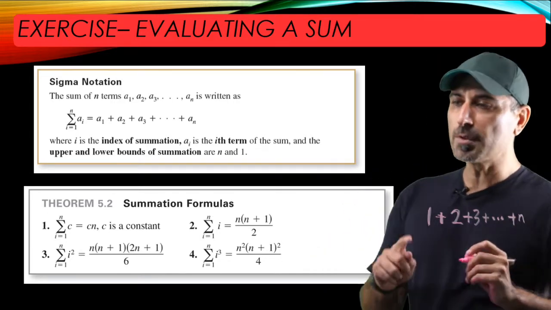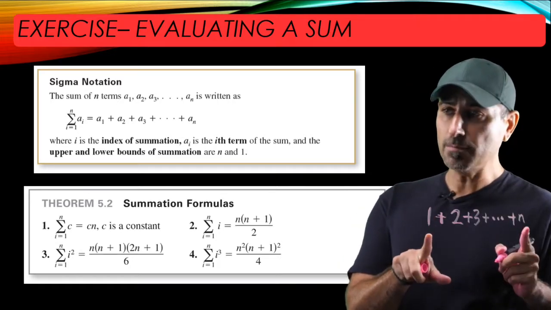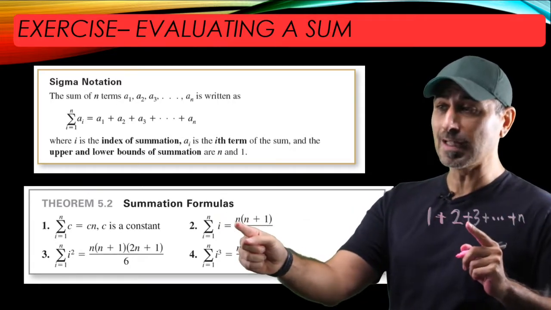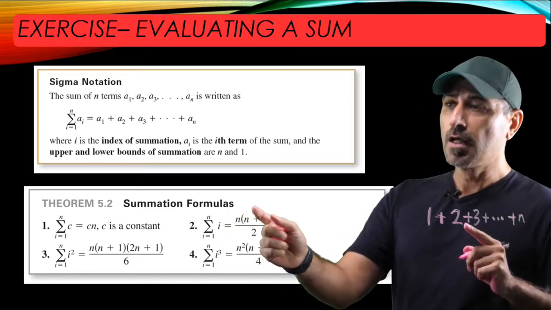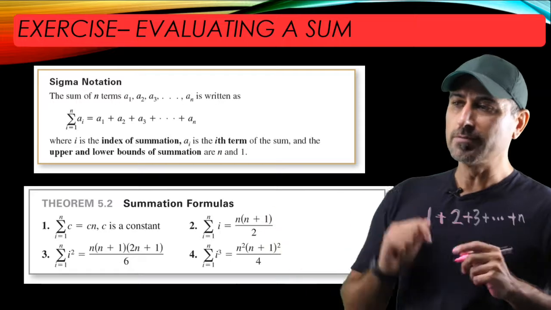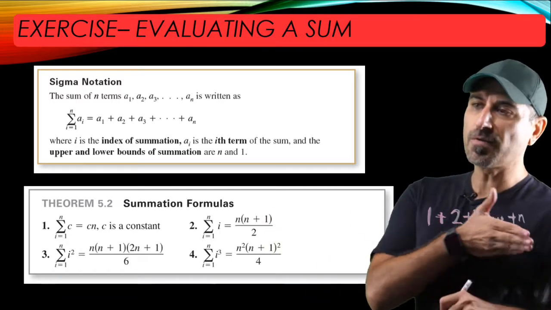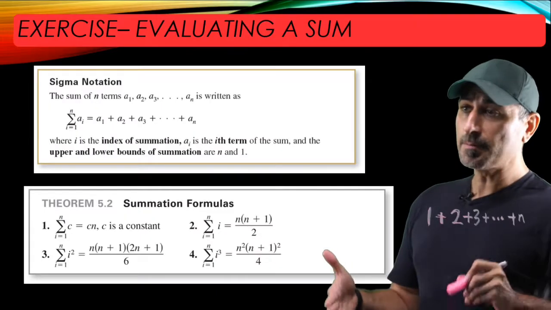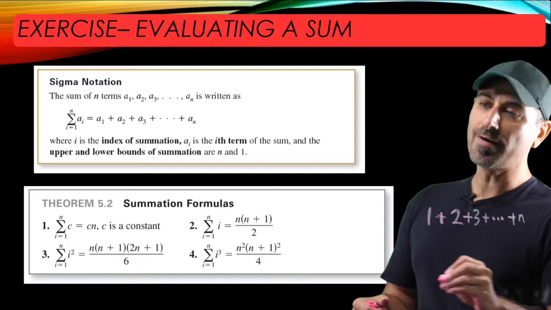So you're adding numbers starting from 1 all the way to n. That sum is equal to the last index n times one more than that, divided by 2. So let's say you're adding numbers 1, 2, 3, 4, 5 all the way to 100, that sum is found by the formula: 100 times 101 divided by 2.